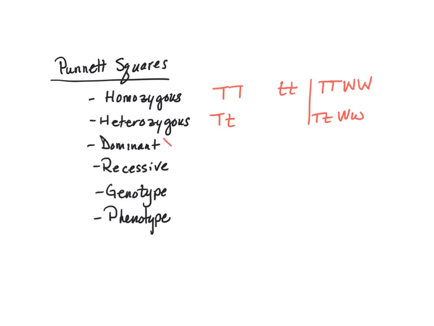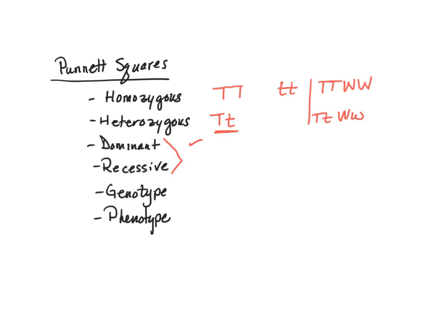And it's inherent then that you understand the difference between dominant and recessive. The dominant allele is going to be expressed over the recessive allele, which means that the heterozygote, that's the genotype, the two alleles, that's the genotype. So the phenotype of the heterozygote is going to be dominant.